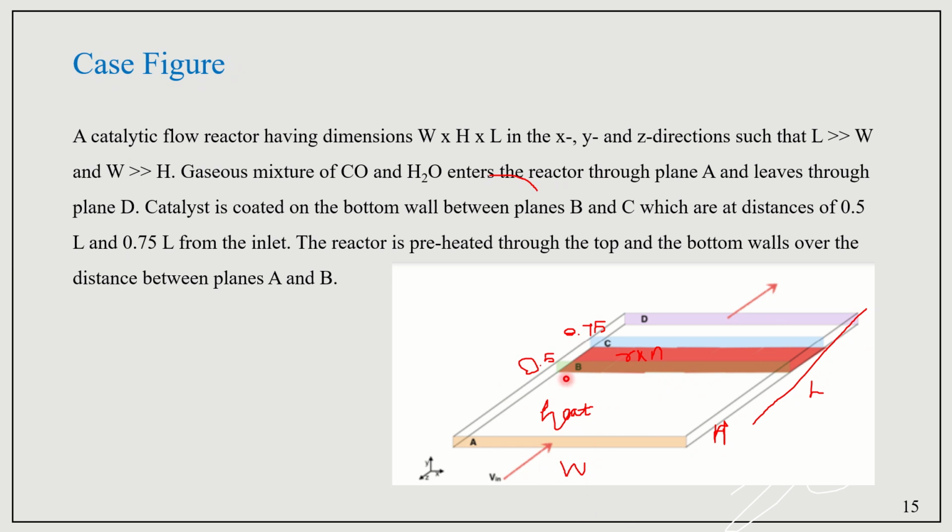We are preheating the reactor through the top and bottom walls between planes A and B. Between planes A and B, heating is done, and between planes B and C, the wall is coated with the catalyst surface, so we can have the reaction.